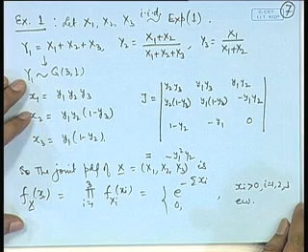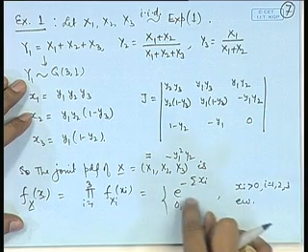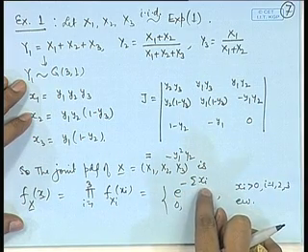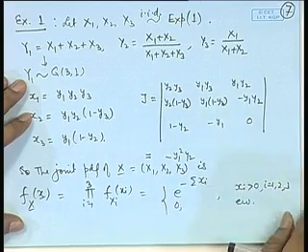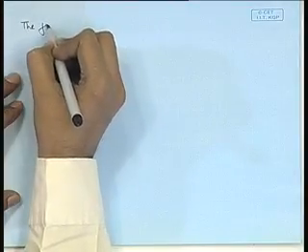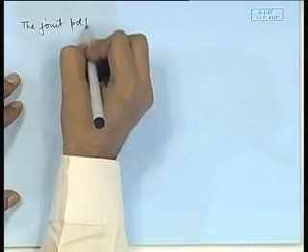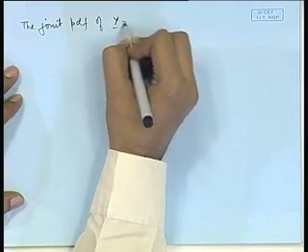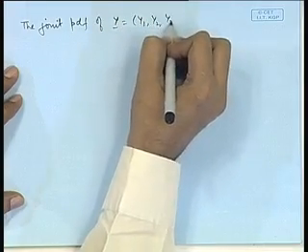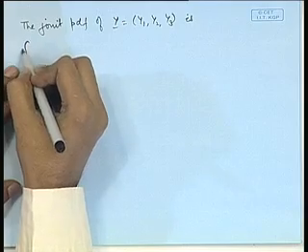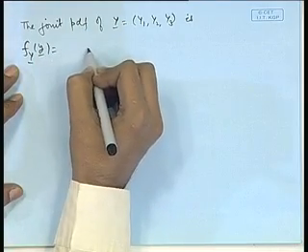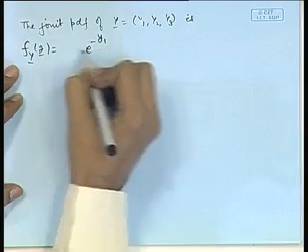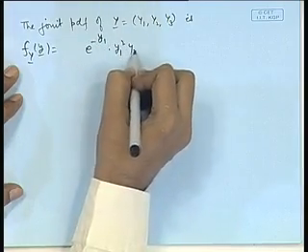Therefore, the joint density of y1, y2, y3 can be obtained from here by substituting the inverse functions of x1, x2, x3 and the corresponding range and multiply by the Jacobian. So, the joint PDF of y is equal to y1, y2, y3 is f, e to the power minus y1 into y1 square y2.